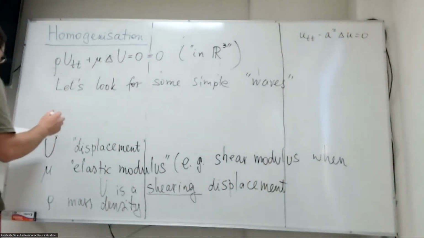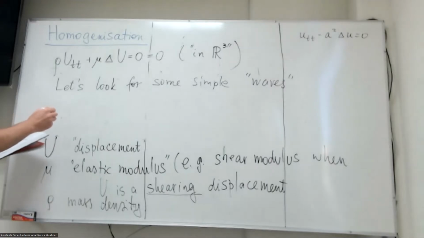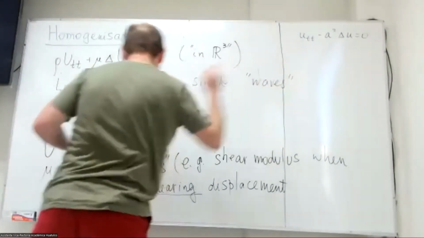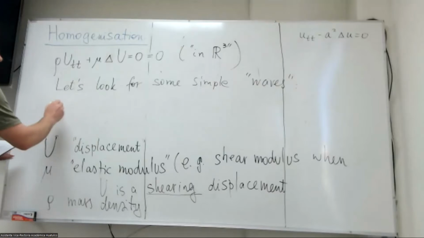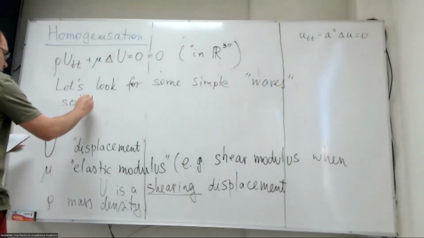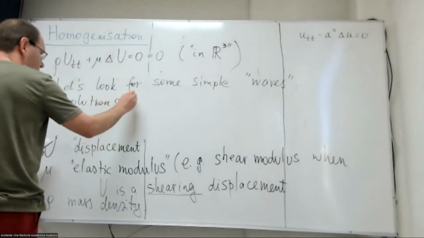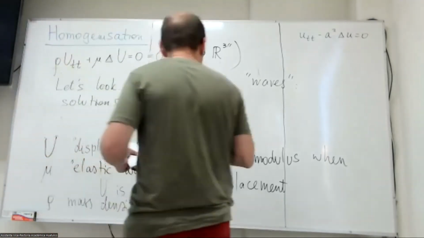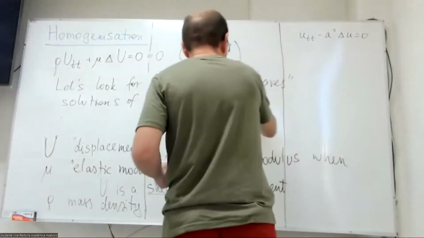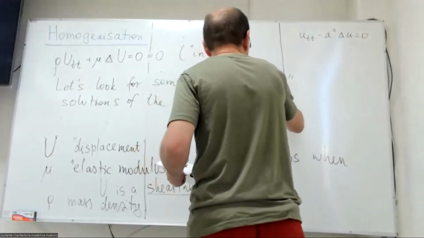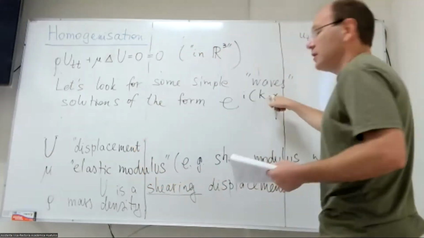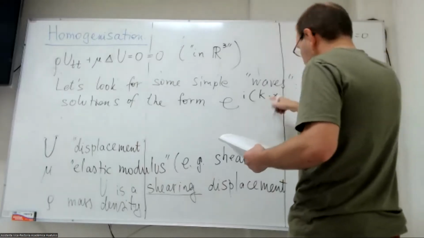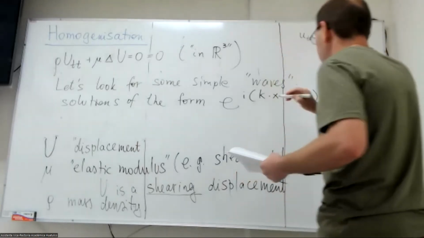I'll just look for solutions of the form exponent of i k dot x, so this is the inner product, minus omega t.